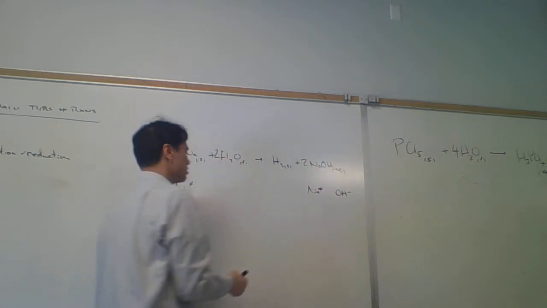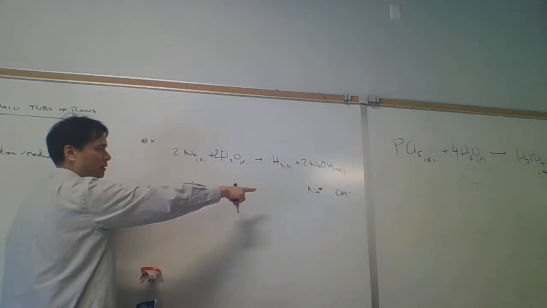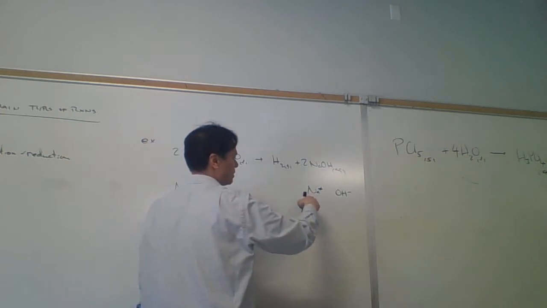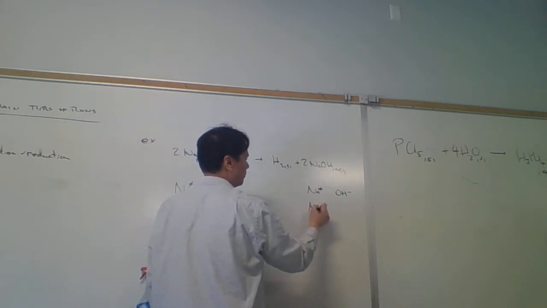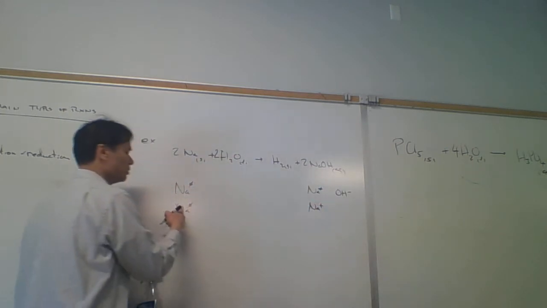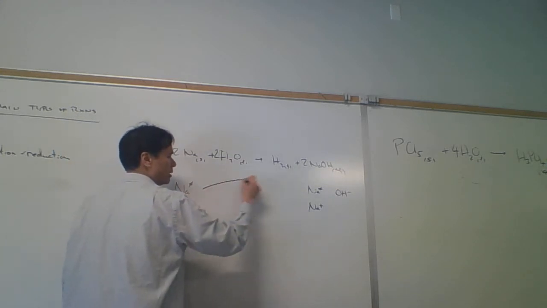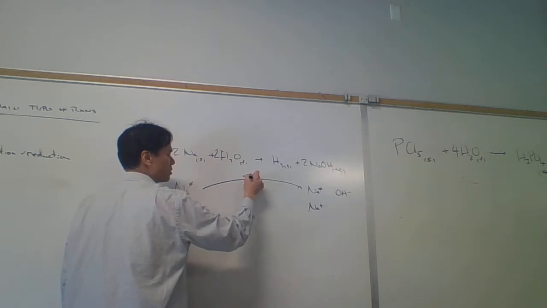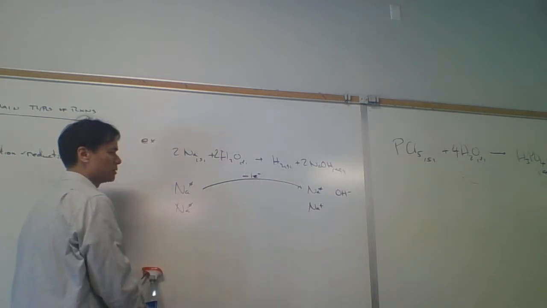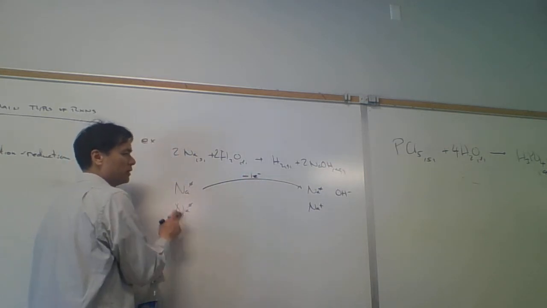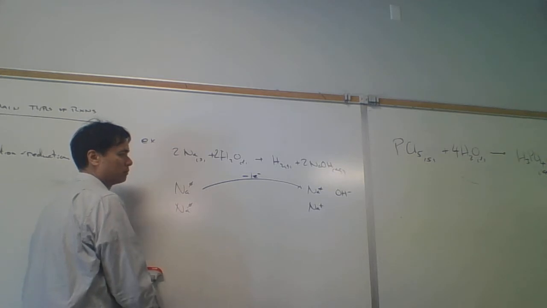Now take a look at the charge on sodium. What's the charge on sodium over here? It's plus. I have 2 of them. So what happened to the sodium? The sodium went from 0 charge to plus. Each sodium lost 1 electron, so minus 1 e-. I have 2 of those, so I lost 2 electrons altogether.